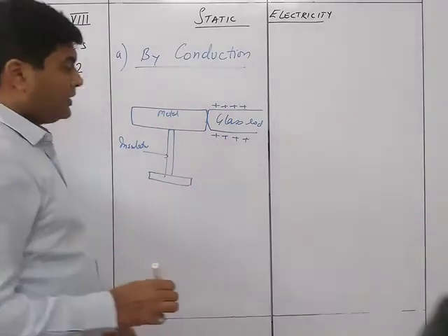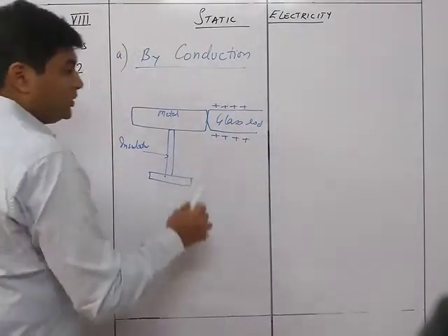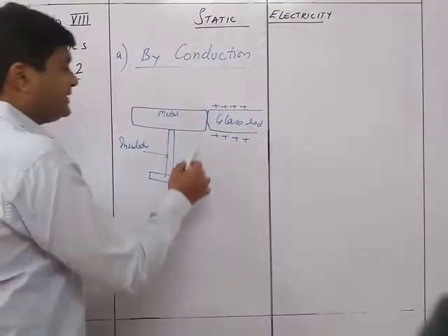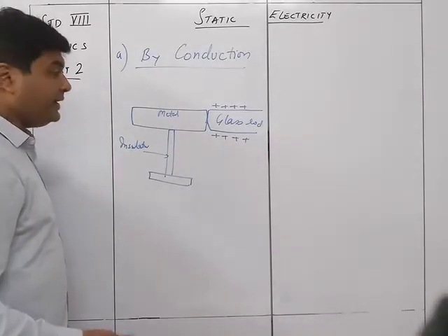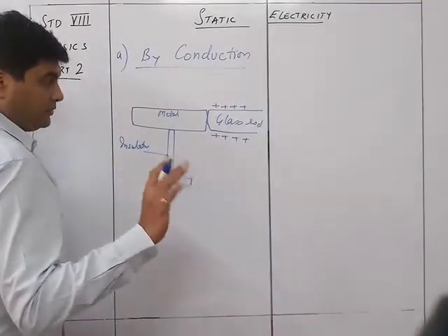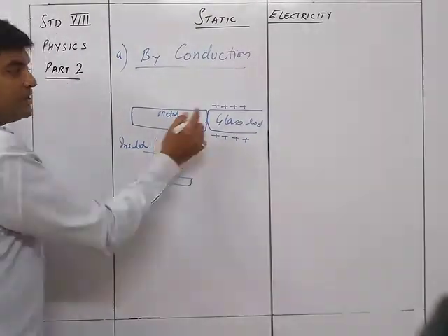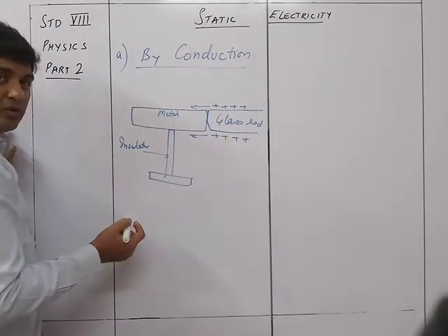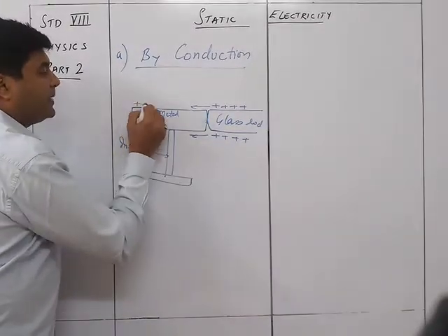Now what happens? Because this is positive charge, this positive charge will attract the free electrons which are present in this metal towards itself. So when I bring it close, this positive charge is going to be transferred to this place, and accordingly the whole metal piece will become positively charged.